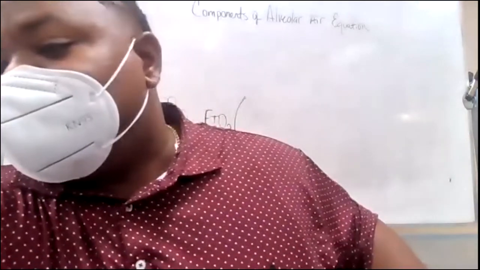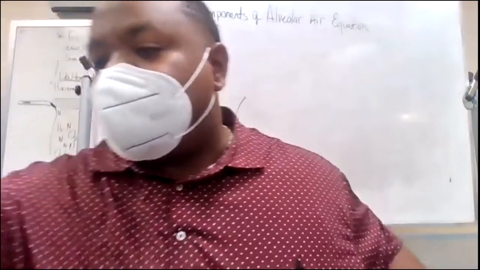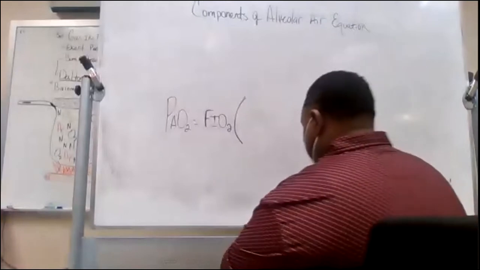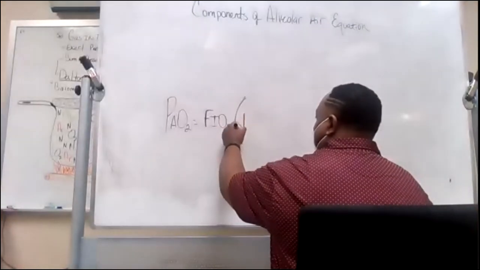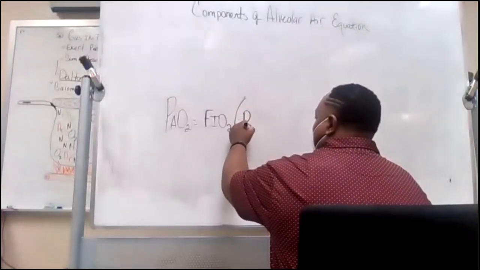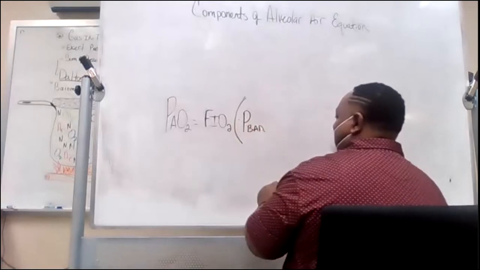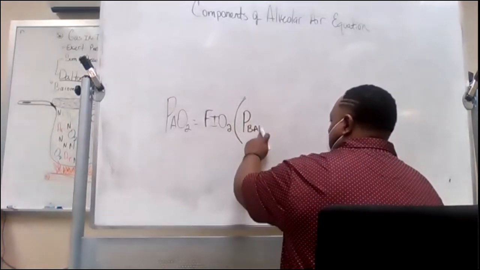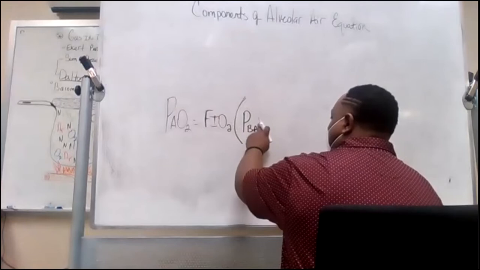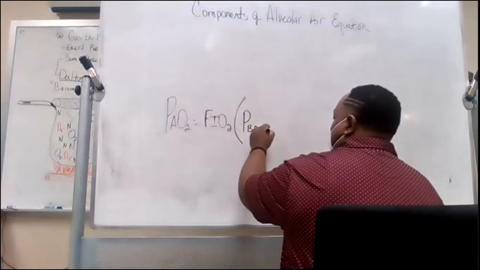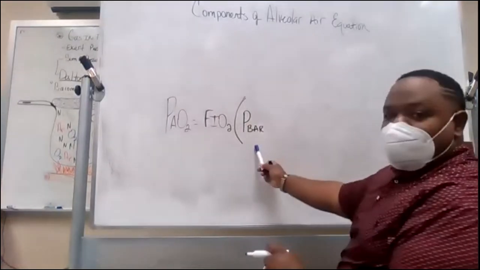All right, let me try this marker. PB is the what? Barometric pressure. The PB is the barometric pressure.